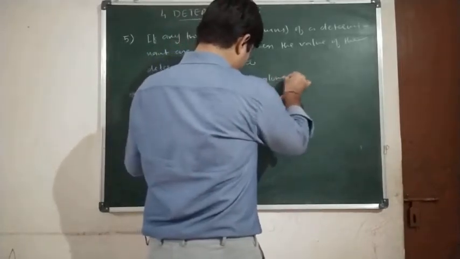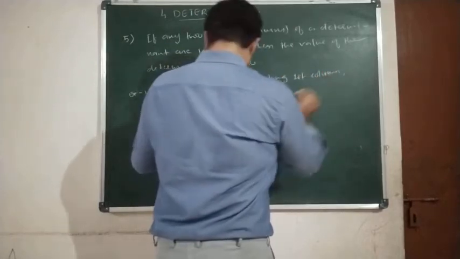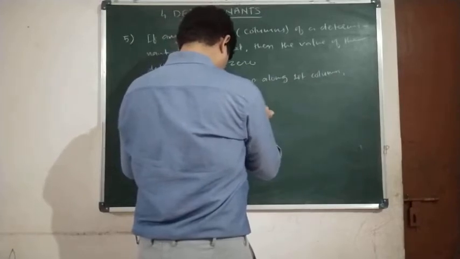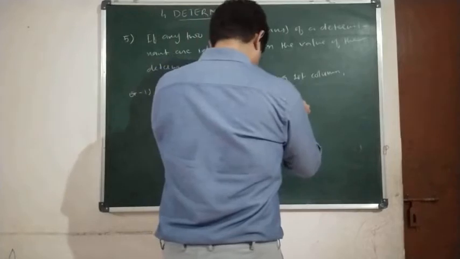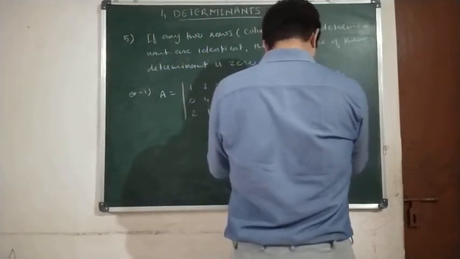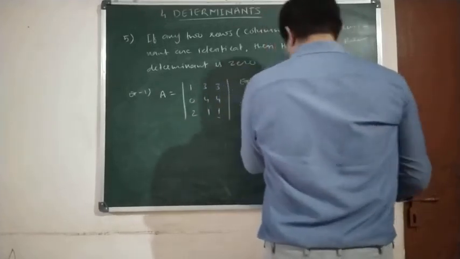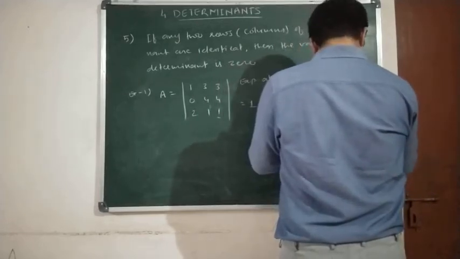Expanding along first column. Okay, so we have 1 multiplied by 4 ones are 4 minus 4 minus 0 multiplied by 3 ones are 3 minus 3 plus 2 multiplied by 3 fours are 12 minus 12.